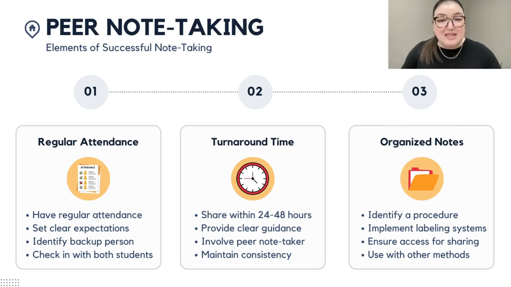It's important to set this clear expectation to students when they offer to be a peer note taker. However, because we know those absences do happen, it's important to identify a backup person who can act as a peer note taker when the original peer note taker is not present for class.